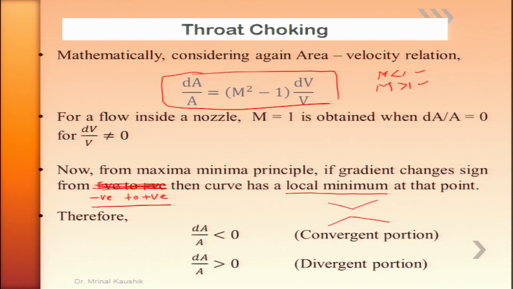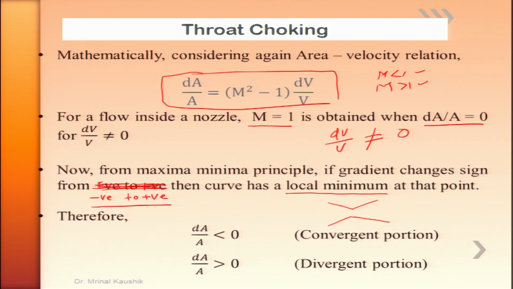What happens when we put M equal to 1? Clearly we can see that for a non-zero dV by V, we are obtaining dA by A equal to 0.